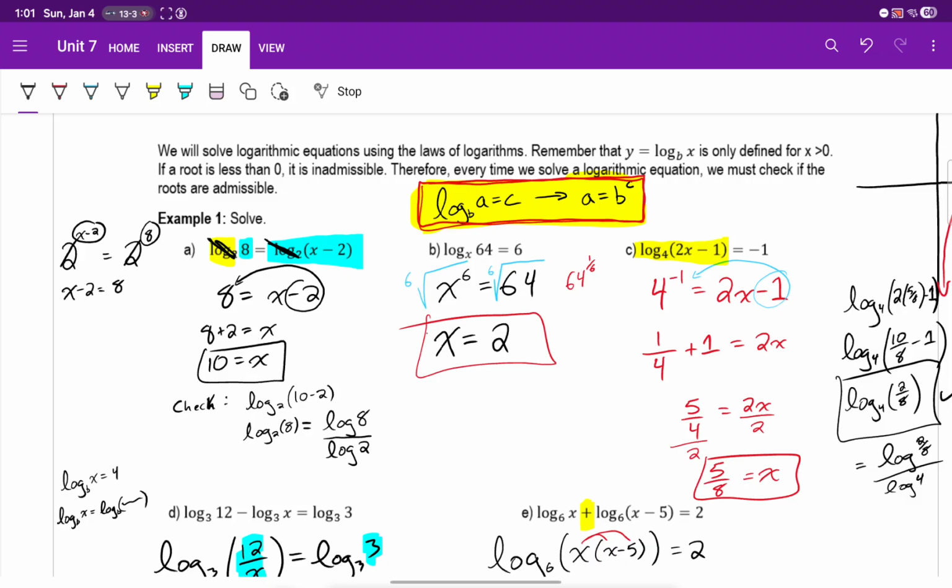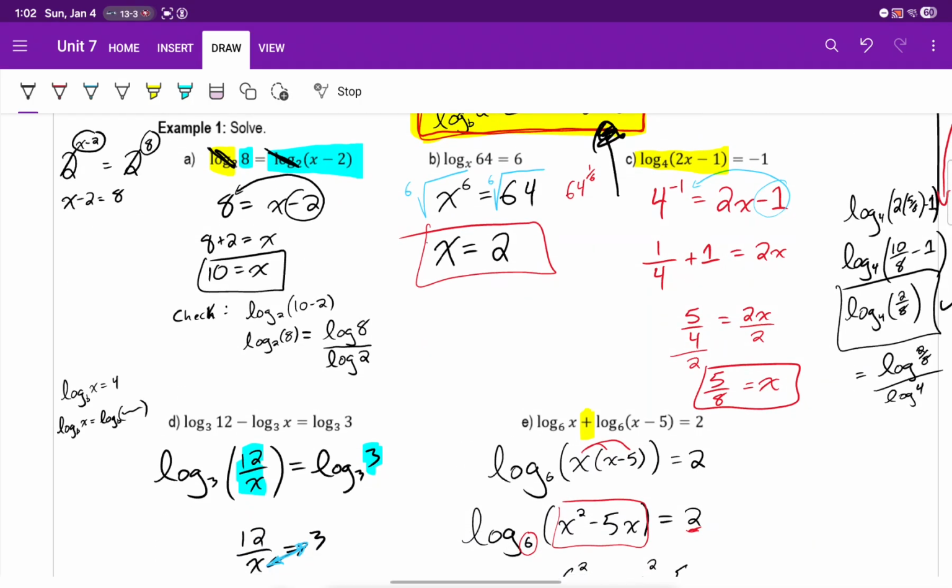The second type is like B and C. In B and C, I have a single log on one side and a number or value on the other side. When you have that, you use this formula here to change it to exponential form. Okay, that's the process for those questions.